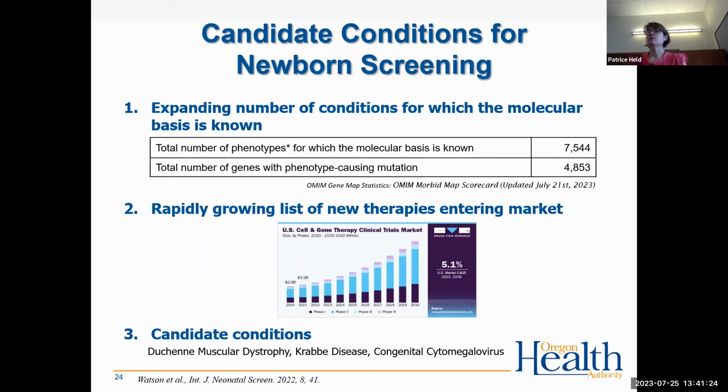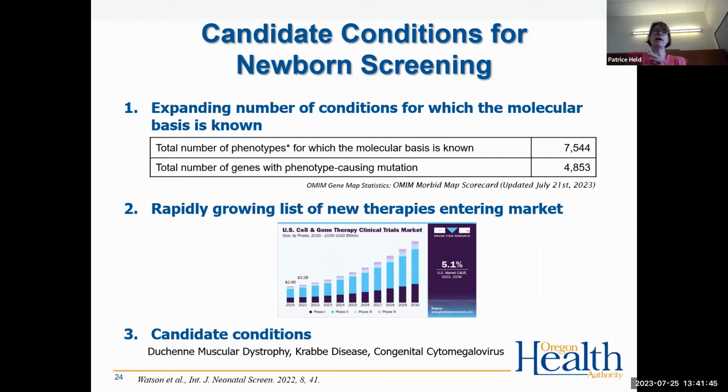So where is newborn screening headed in the future? One of the main things that we have been working towards over the years is the addition of new conditions. We know that there is an expanding number of conditions for which the molecular basis is known.